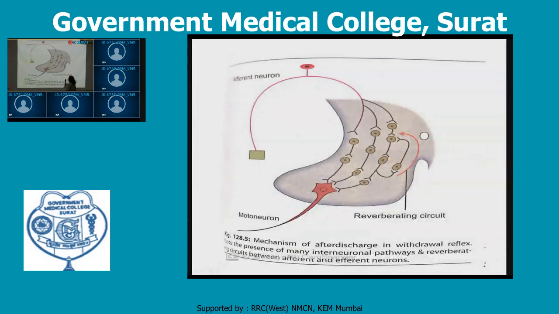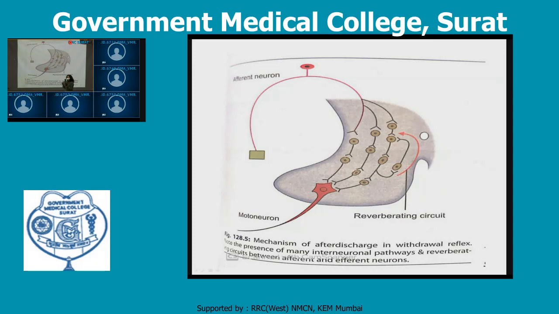As I had told you, the mechanism for after discharge is the polysynaptic reflex and reverberating cycle plus long-acting neurotransmitter release. Because of the release of long-acting neurotransmitter, the neurotransmitter remains in the synaptic cleft for a longer duration, so it brings about its action.